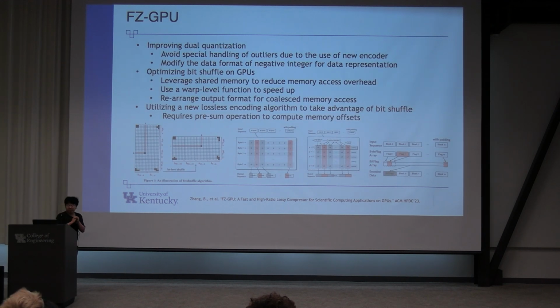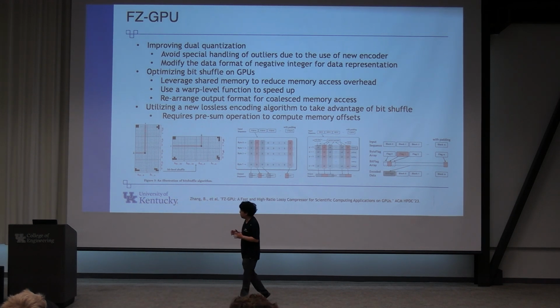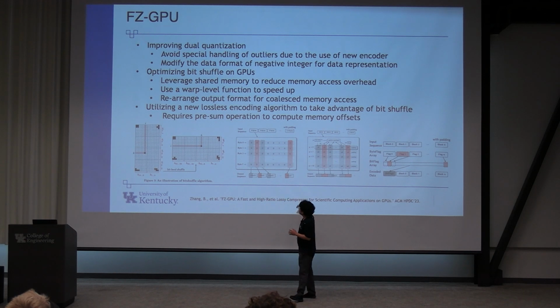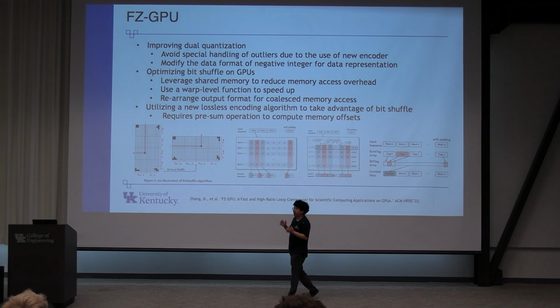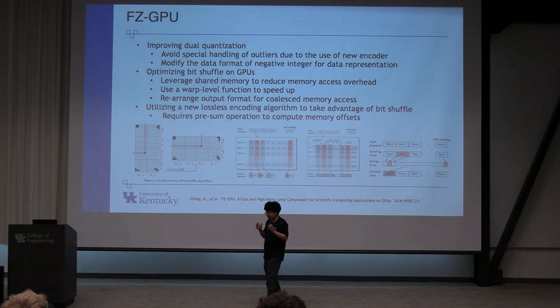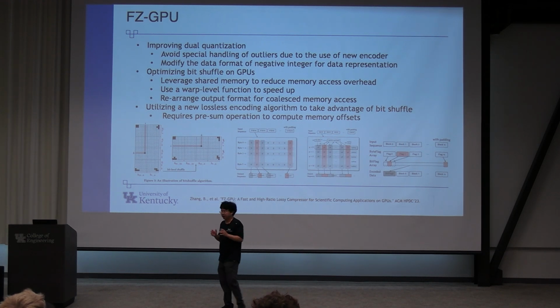First of all, the key idea in FZ-GPU is to leverage bit shuffle and the corresponding encoding strategy to improve the throughput of the entire pipeline. For the encoding stage, FZ-GPU first applies a bit shuffle on the quantization integers and then encodes the data block by block.